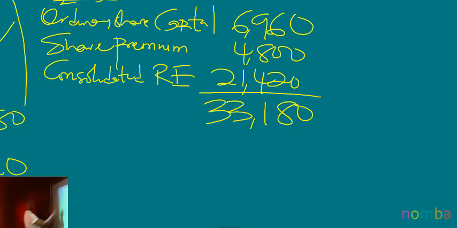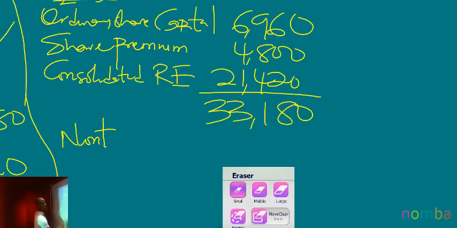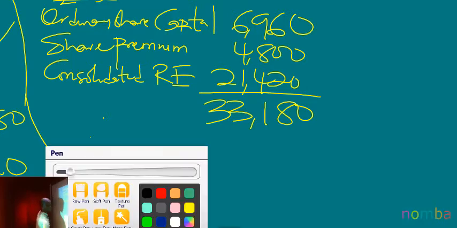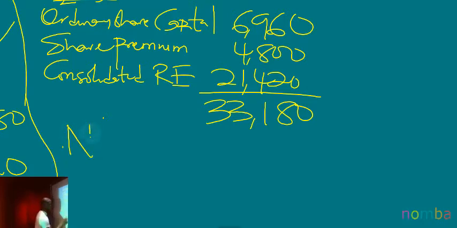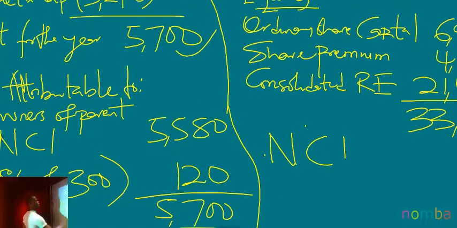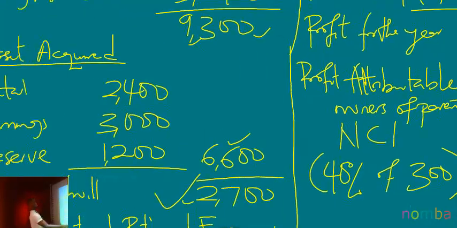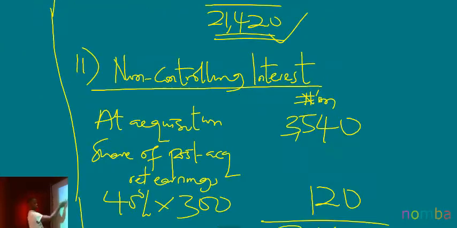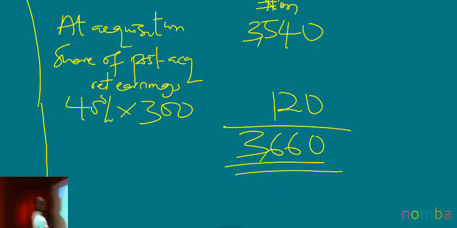33,180. Then from there, I will add my non-controlling interest, which is my NCI, which we have worked out in our workings. My non-controlling interest, we worked it here as 3,660.